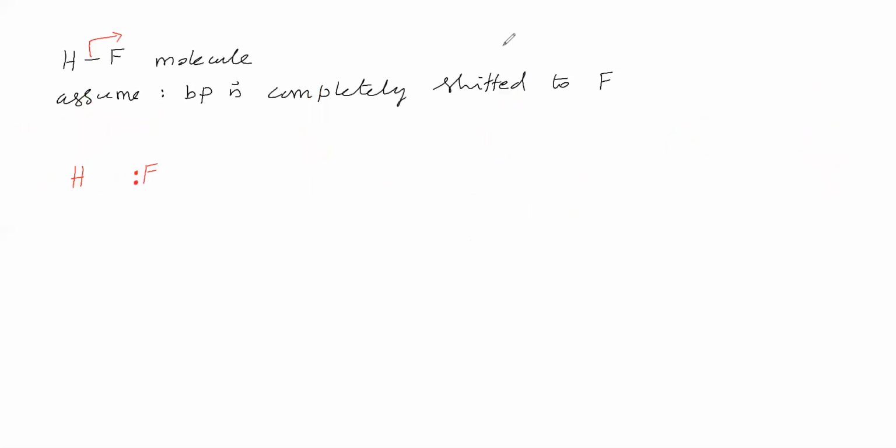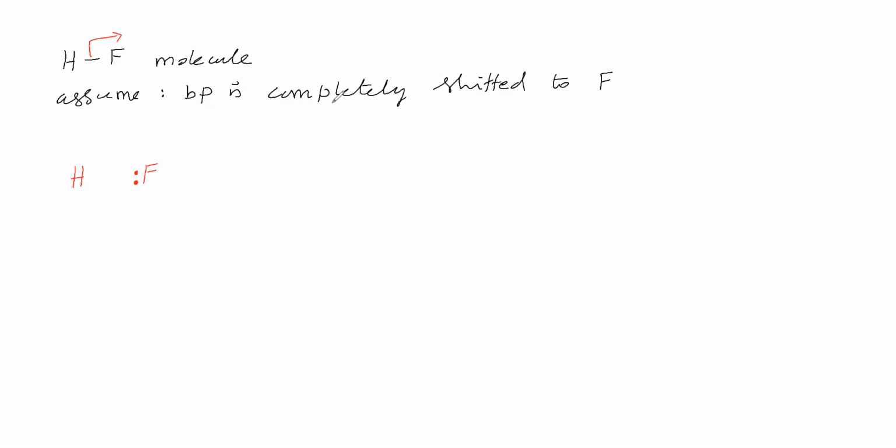Now we have taken this HF molecule. In this HF molecule, we will assume that the bond pair is completely shifted to fluorine. Why do we have to consider it like this? In order to know what nature the HF molecule has, we have gone for this assumption.